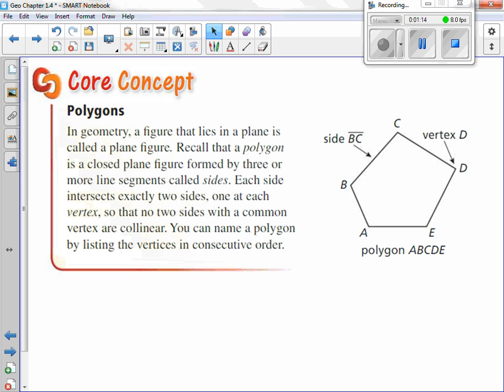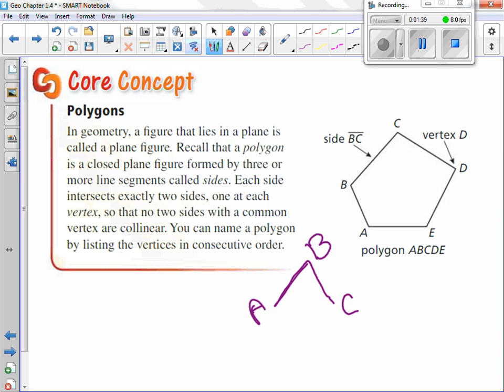Now, we have to say 3 or more, because it is a closed figure formed by line segments. Can line segments bend? Can we have them curve? No. So if I had, well, I can draw 2 lines, yes? Will those ever come back together and make a closed figure?